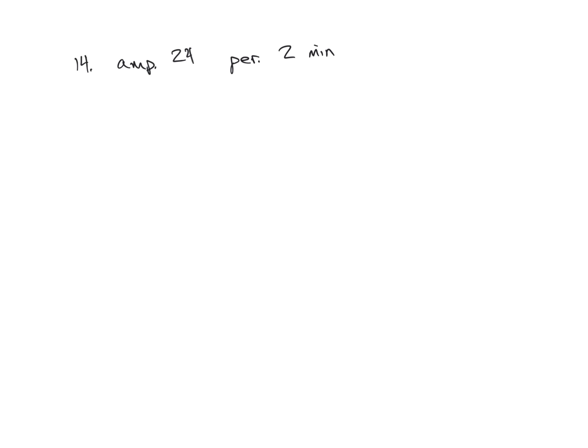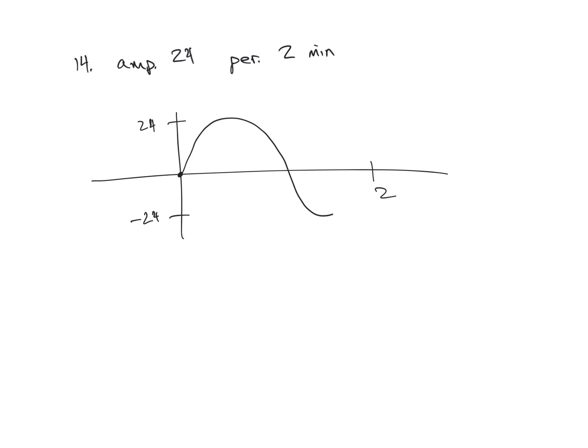We're starting at 0 on the x-axis. So real quickly, visually, it doesn't say to graph it, it says find the function. So we know it's going to be the sine function. We're starting there, and our amplitude is 24, -24. It doesn't say you have to do this; I'm just showing you what it is. And our period is 2 minutes, so it just goes like that.